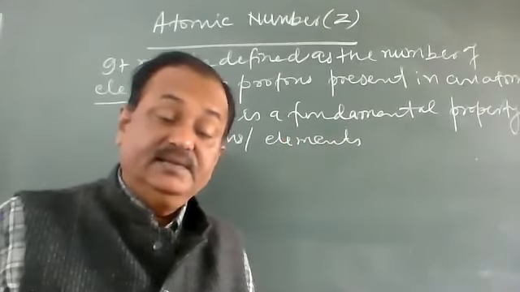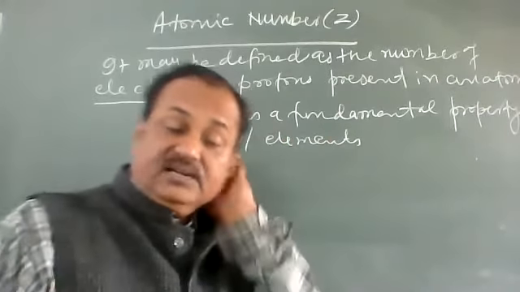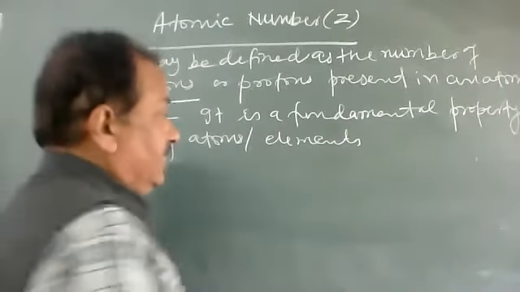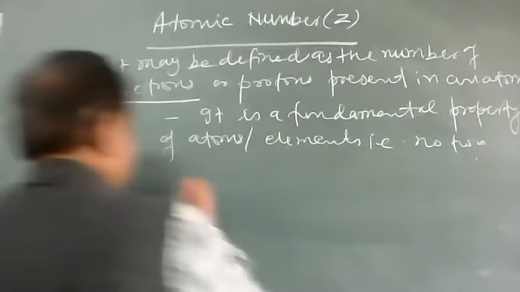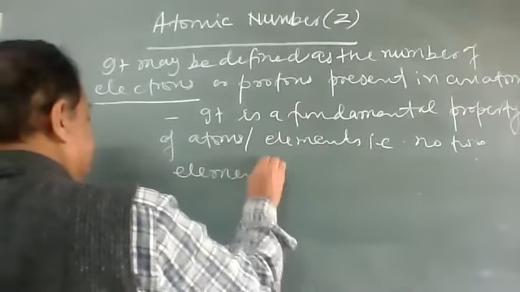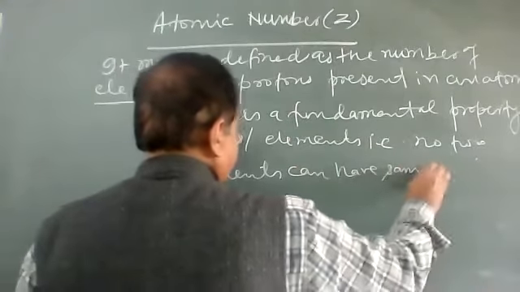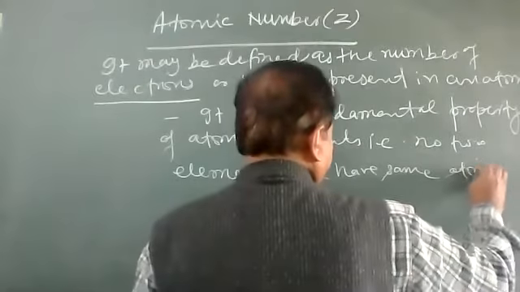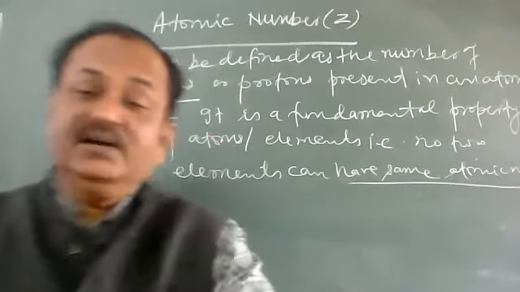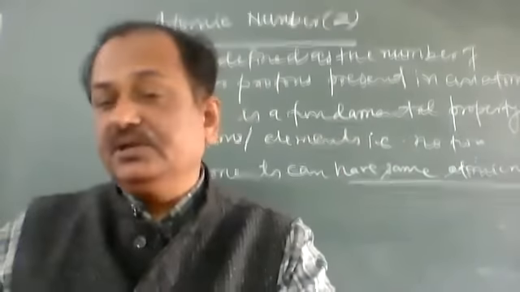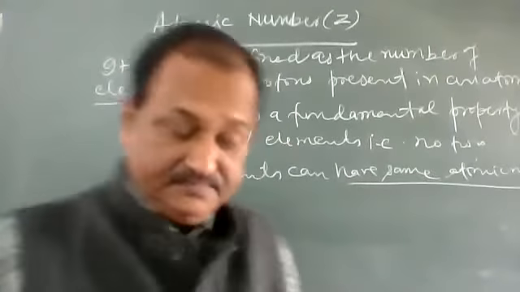No two elements, no two different atoms, can have the same atomic number. Atomic number cannot be the same. So you can imagine the importance of this atomic number. It is so significant.